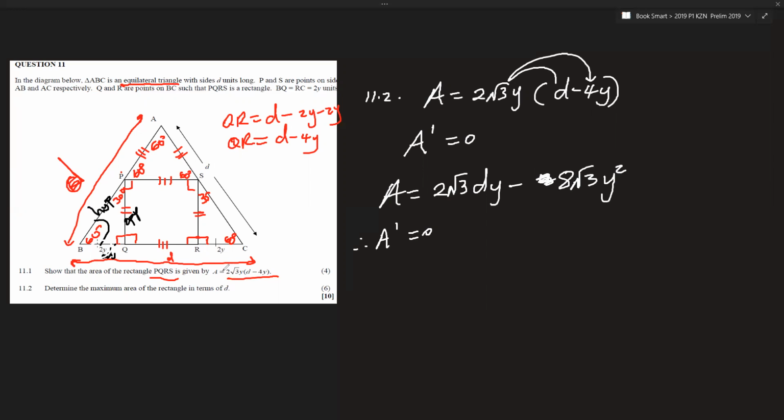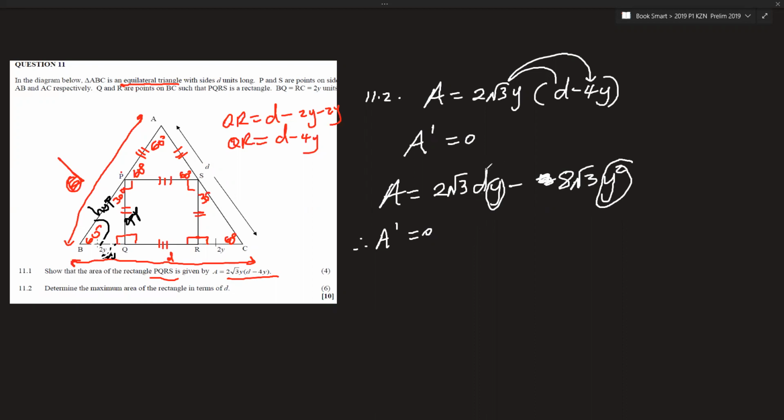So I'm going to differentiate here. We're going to derive with respect to y, because they say we must write in terms of D. So they give you a hint here as to which letter you have to derive in terms of, because if they said you must write this in terms of y, you were going to derive in terms of D, but that was not going to make sense.